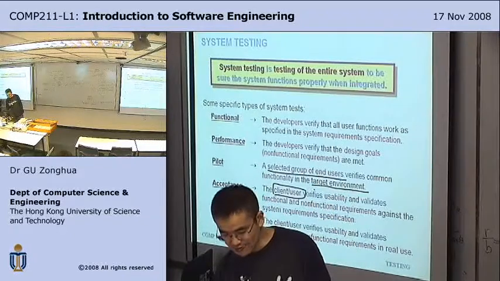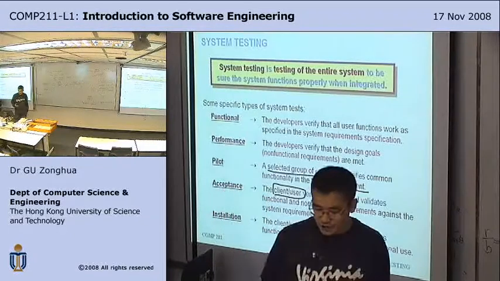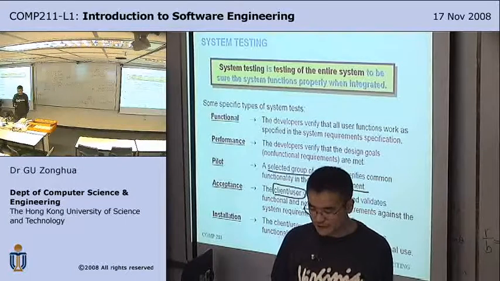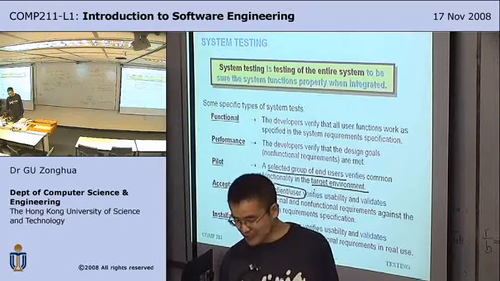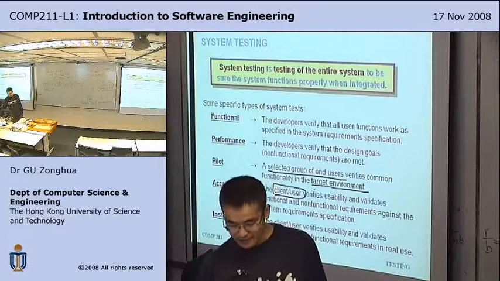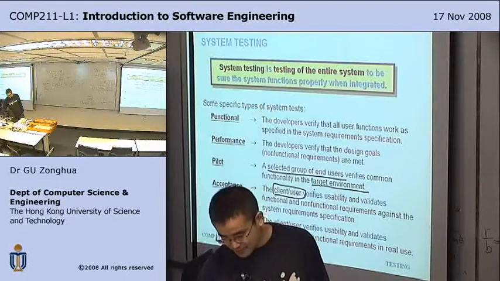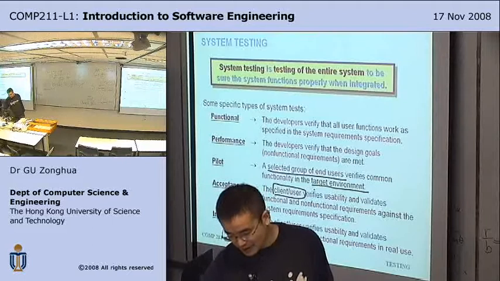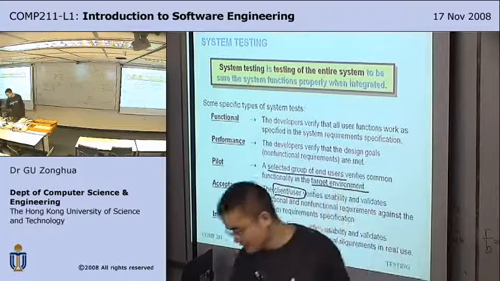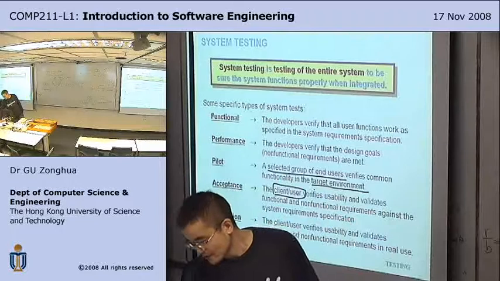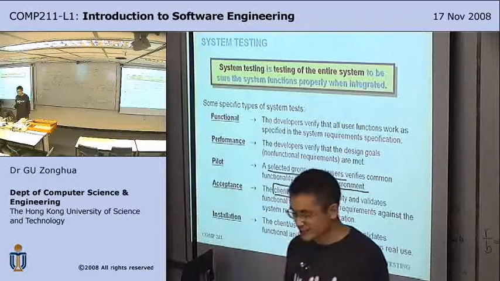So configuration review is an audit that ensures that all elements of the software delivered to the client, software configuration, have been properly developed and documented. This is important because software may have complex dependencies.